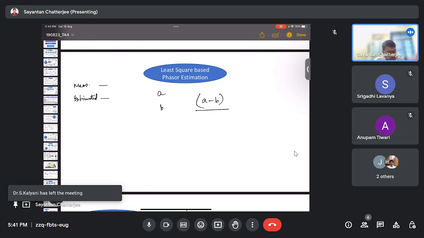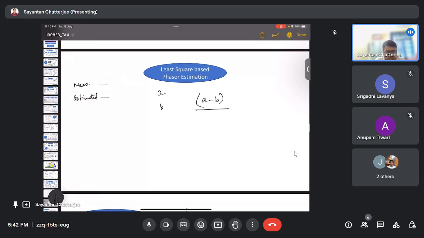If these two values are not the same, then our main aim is to minimize the error. This least square method mainly works to minimize the error or make the error zero. If the error is zero, then the measurement is perfect. Ideally it should be zero, but in the practical case it has some value.